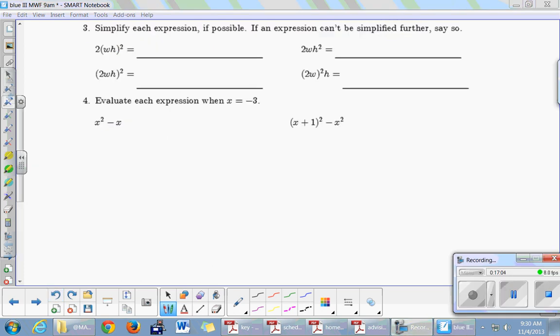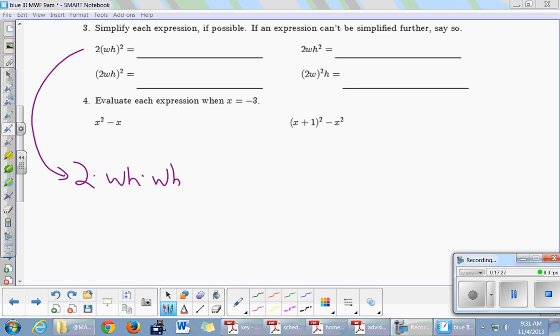So let's take a quick look at 3 because this one's challenging. All right, here's one of the main ideas for today. If you see something squared, write it twice. So this one right here, I see a 2, I see WH, I see WH. Agree? WH is being squared. But what wasn't squared?